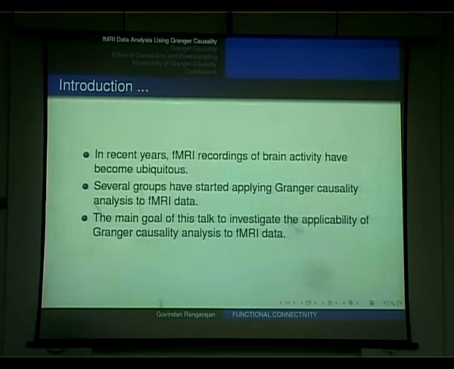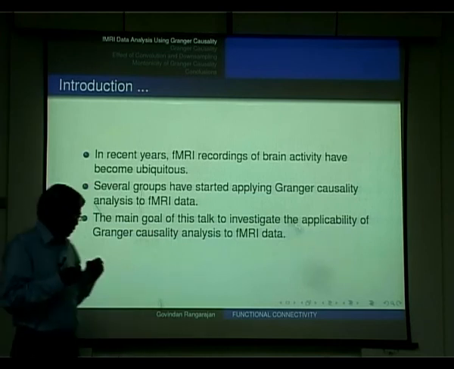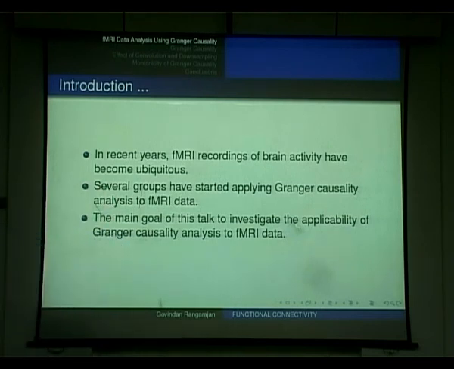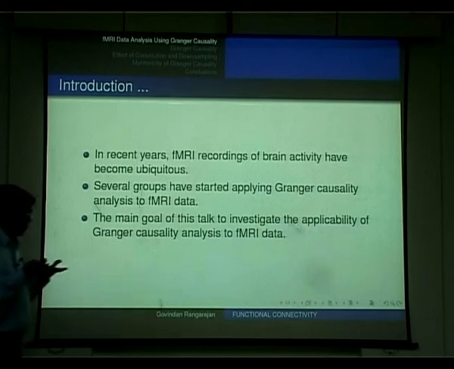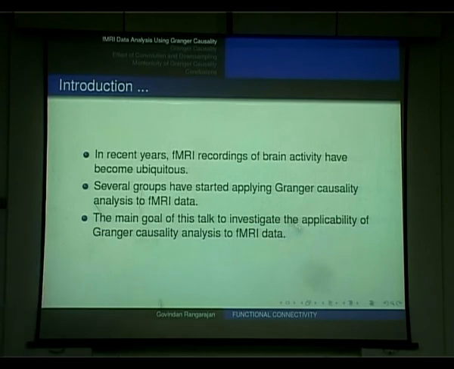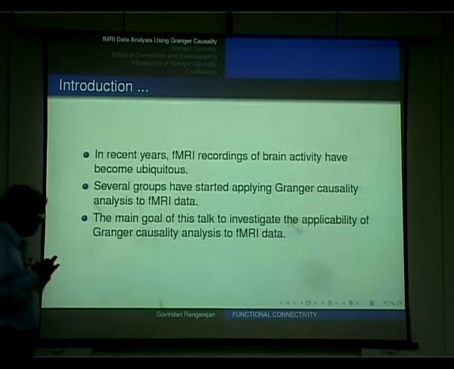It turns out that almost all adult human beings have essentially the same connectivity pattern in the resting state. So you have a series of brain regions which are connected by a certain connectivity pattern, and this is the resting state connectivity pattern.